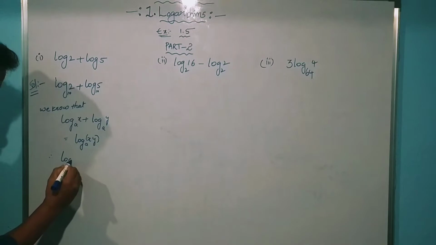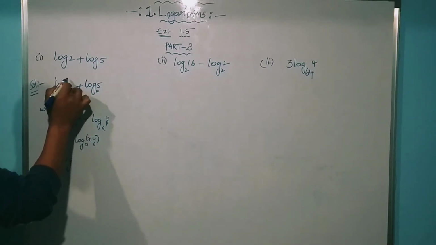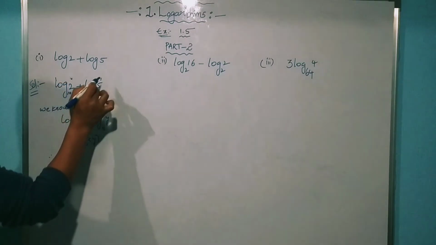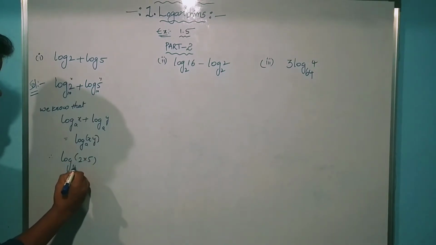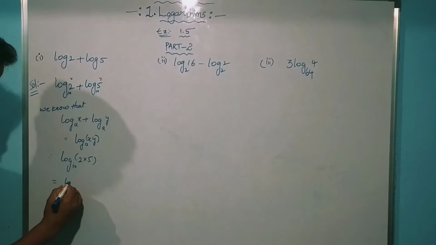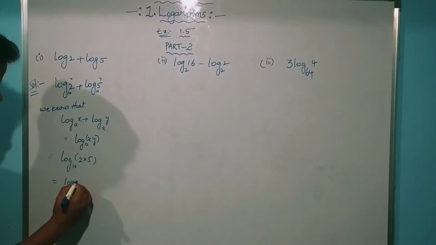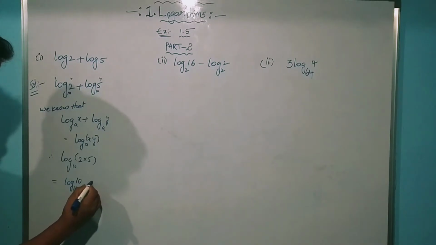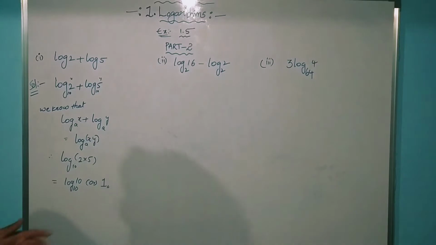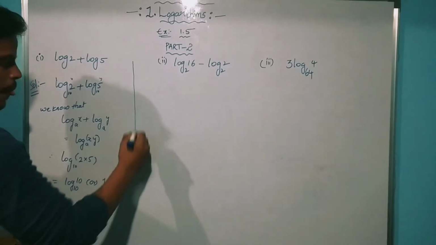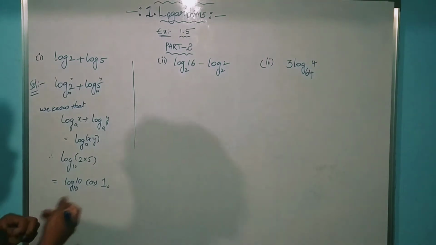It is a logarithm rule I have explained in the introduction part of the logarithms. Just consider base 10. Therefore, consider x as 2 and y as 5, so log of 2 into 5 to base 10, that is log 10, which is simply 1. So, the second question.